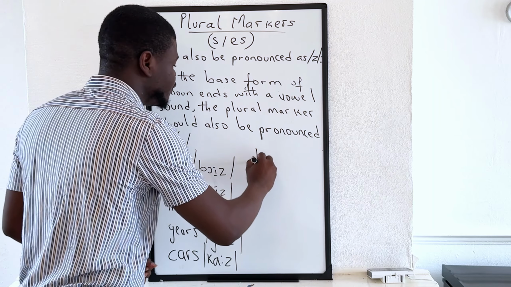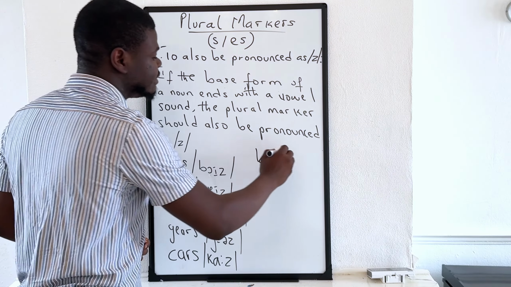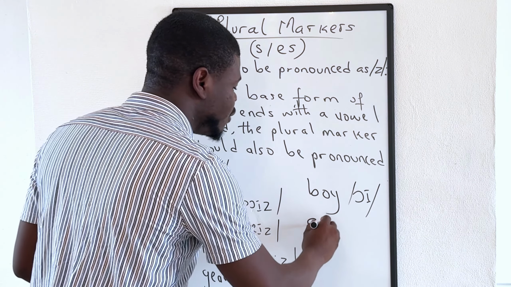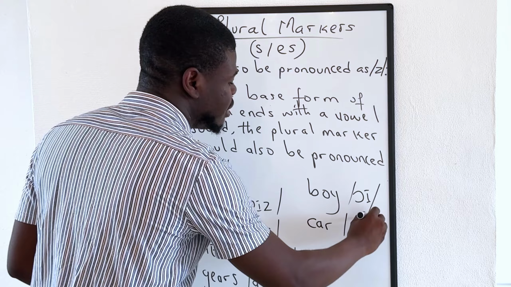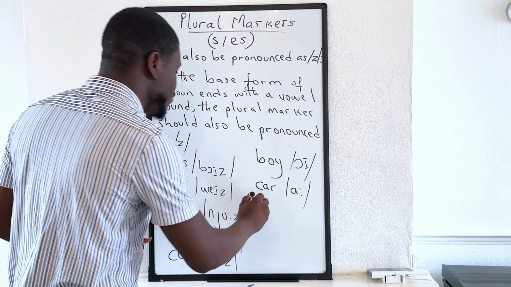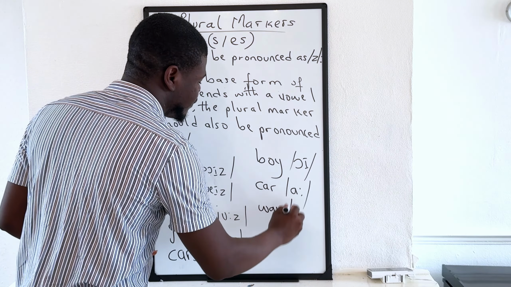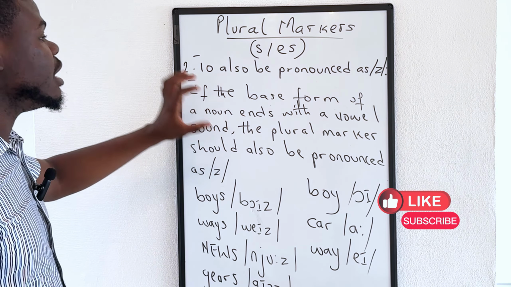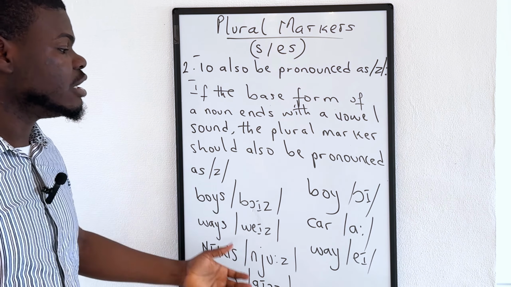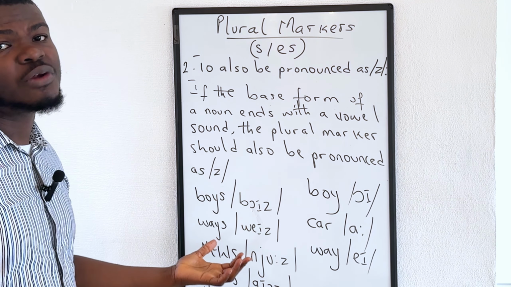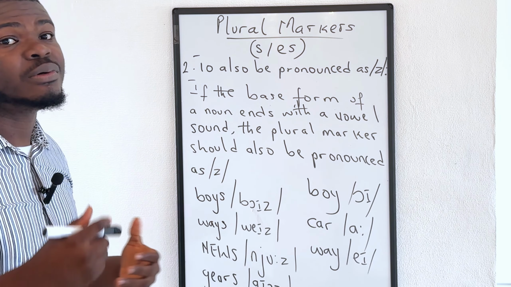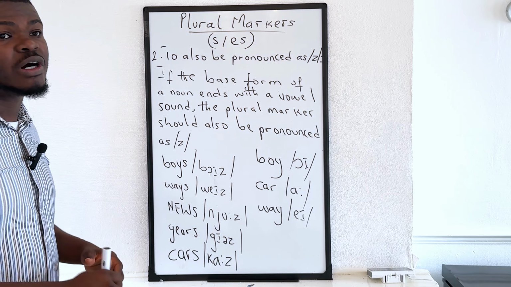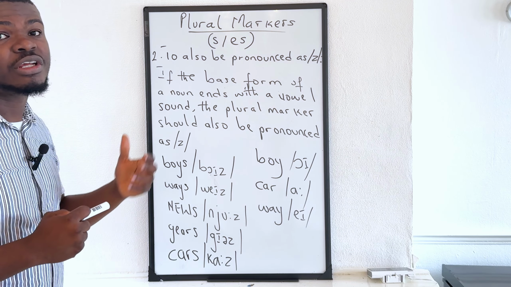The word boy, for instance, the last sound there is the diphthong oi. Like car, the last sound there is the R. Like way, the last sound there is the diphthong A. So if a noun ends with any vowel sound, and of course there are 20 or debatably 25 vowel sounds in English, but let's just say 20, 12 monophthongs and 8 diphthongs.